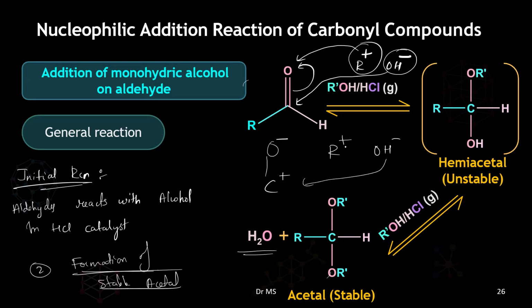Or you take another one, RMgBr. In that condition, this will turn out to be negative, this will turn out to be positive. So the reverse will happen. Okay, that you should be careful about: which one will turn out to be cation and which one will turn out to be anion. Is that clear? So you can easily form the products.